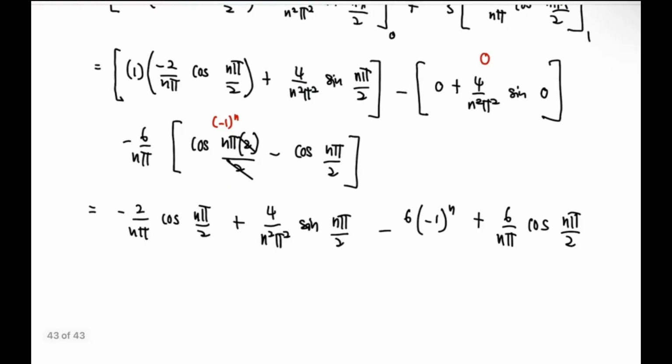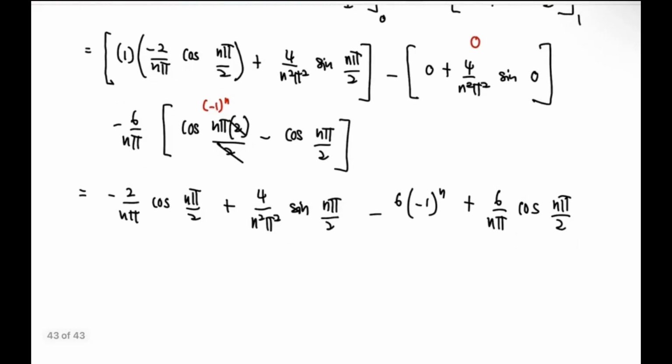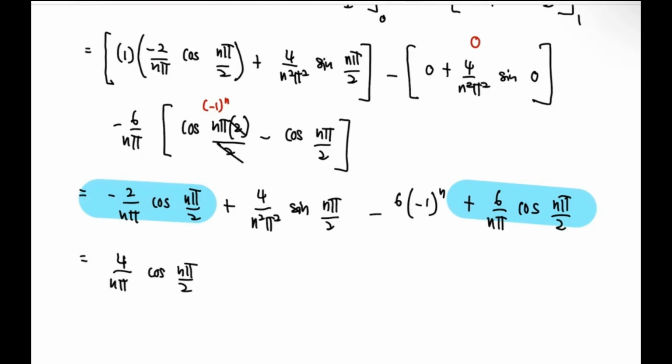Alright, so this is my simplification. Let's observe this one. Here we have negative 2 over n pi cos n pi over 2, and here we can add these together. So negative 2 plus positive 6 will be 4 over n pi cos n pi over 2.